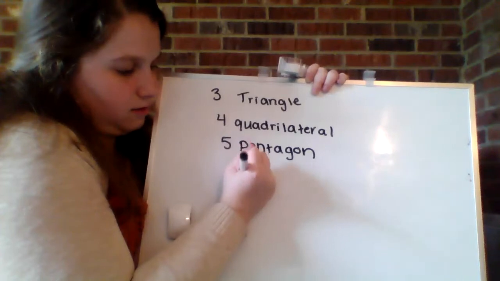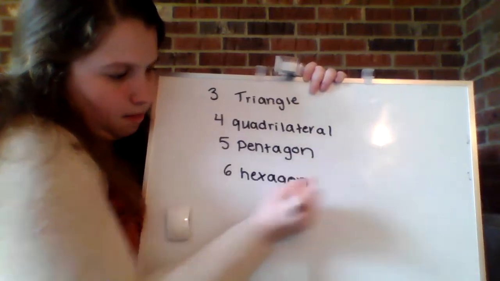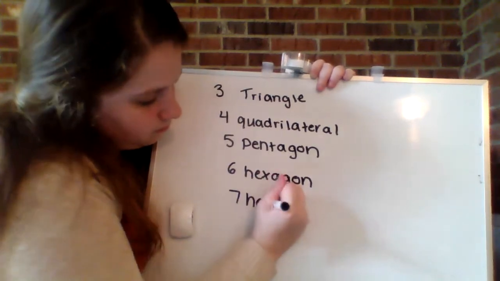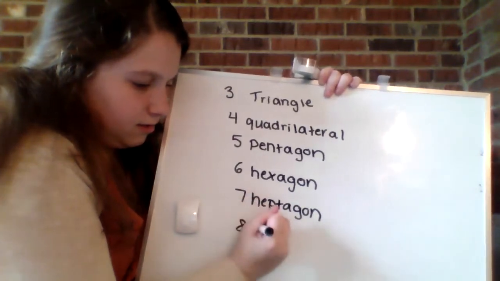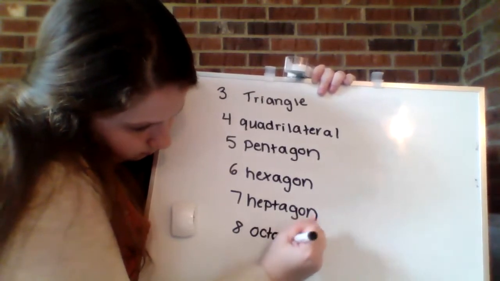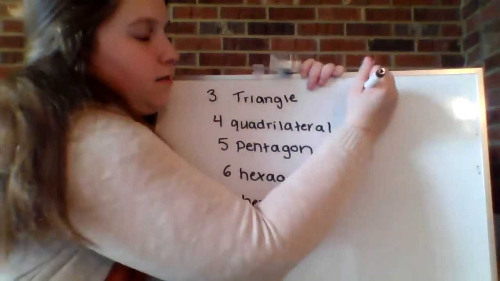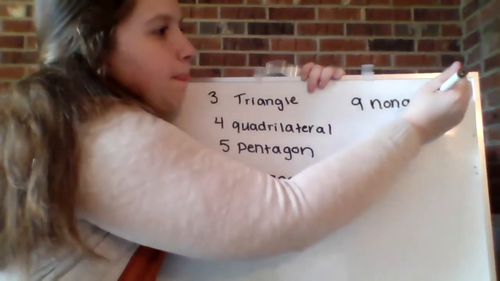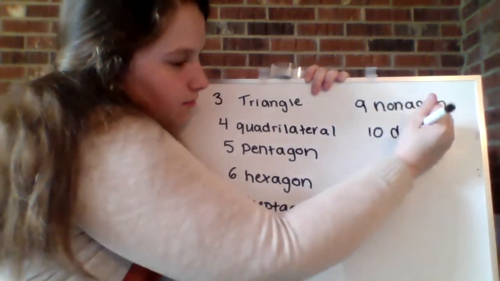Six sides is a hexagon. 7 sides is a heptagon. 8 sides is an octagon. 9 sides, I'm going to write it up here, is a nonagon. And 10 sides is a decagon.